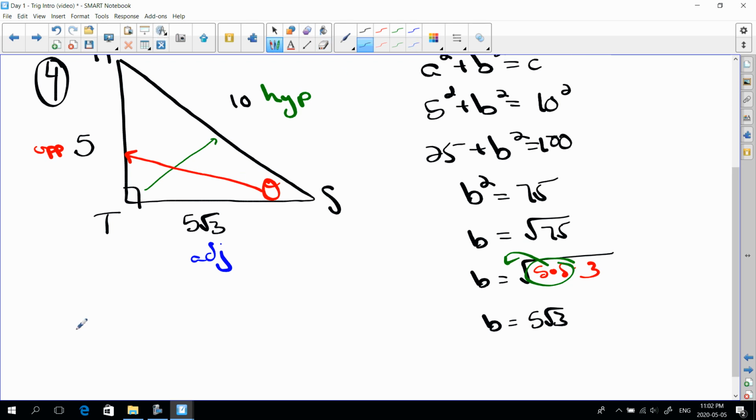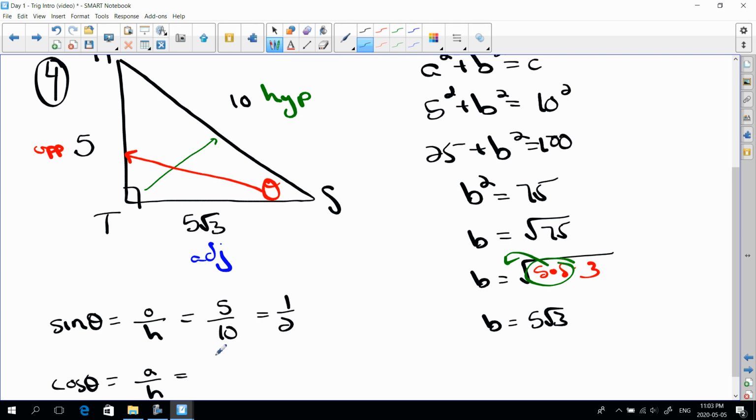So if I want the sine of theta, or the sine of angle S, it's going to equal the opposite over the hypotenuse. Remember, Oscar had, it's going to equal 5/10, which would reduce to 1/2. Cosine theta is equal to the adjacent over the hypotenuse, another helping.